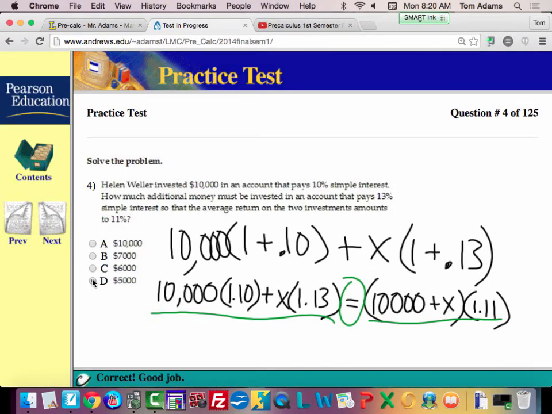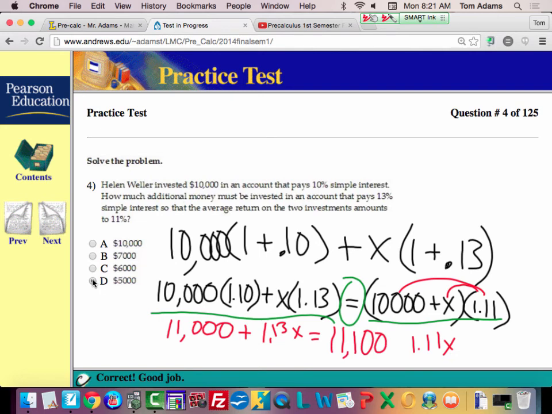Now, if we were to do this algebraically, you guys can help me real quick. What's 10,000 times 1.10? 11,000. And what's 10,000 times 1.11? 11,100. And then you just solve that algebraically.